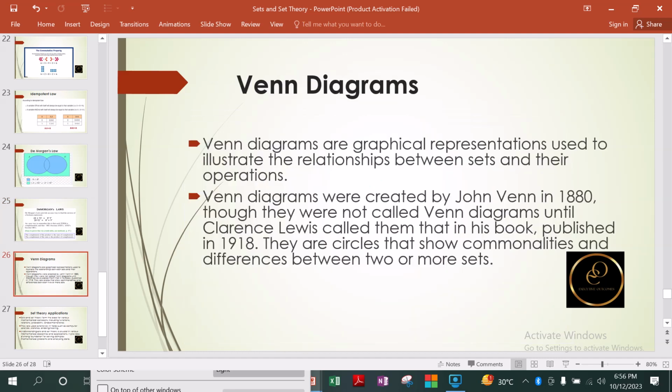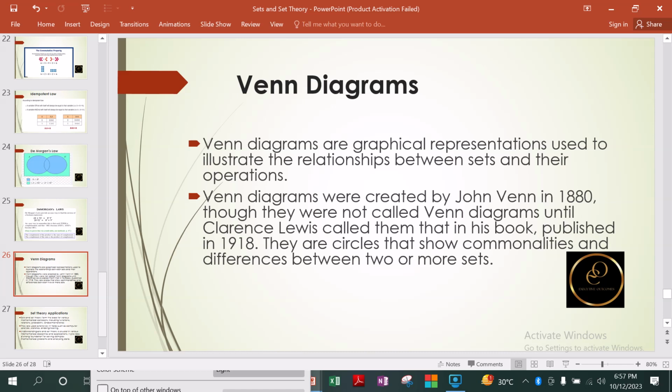Then we talk about the Venn diagram. A Venn diagram is simply a presentation used to illustrate relationships between sets and their operations. Venn diagrams were created by John Venn in 1880, way back.